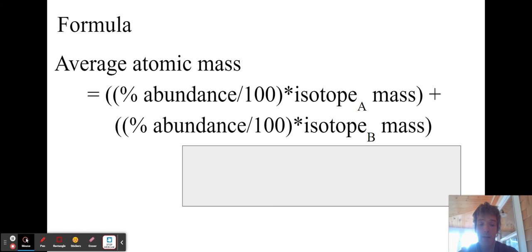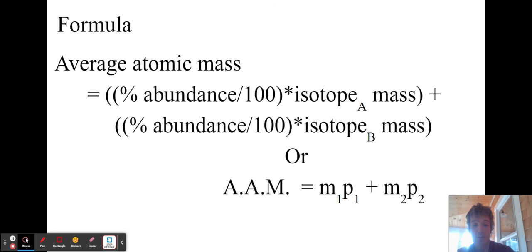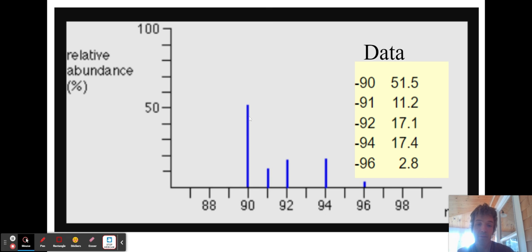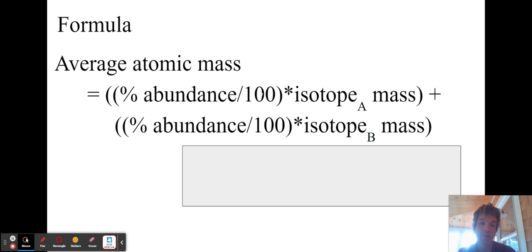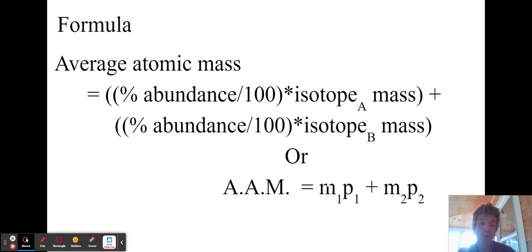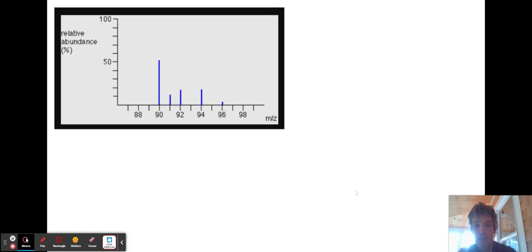And here's the formula, in a simpler form. The 100 is because on the graph, this 51.15, you want that to be a decimal, and that's why you're dividing it by 100. You could just remember that and leave out the 100.